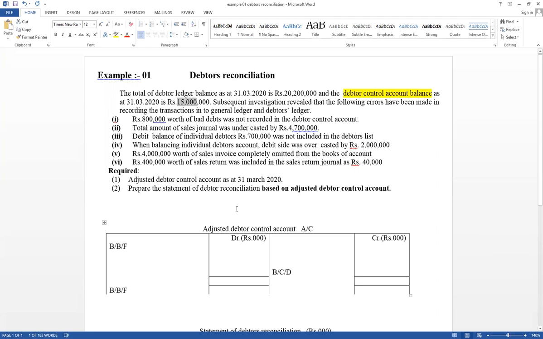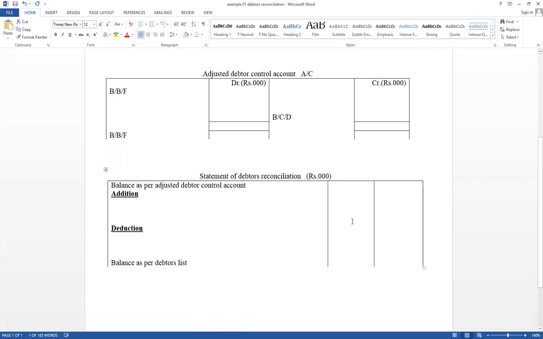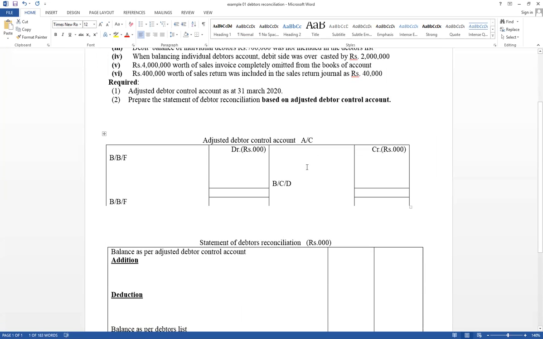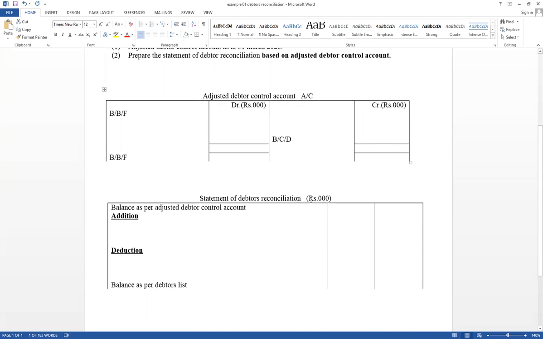Think about the control account available in the general ledger. Therefore, if errors occur in the general ledger, they should be adjusted in the control accounts. But if errors occur in the debtors ledger, they should be included in the statement of reconciliation. And if something is completely omitted or erroneously recorded in the primary books, it should be recorded in both the adjusted control account as well as the statement of reconciliation.